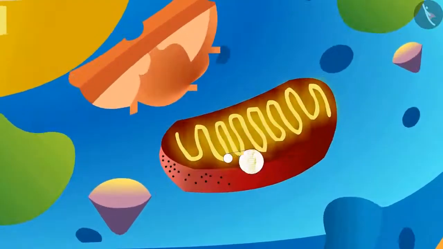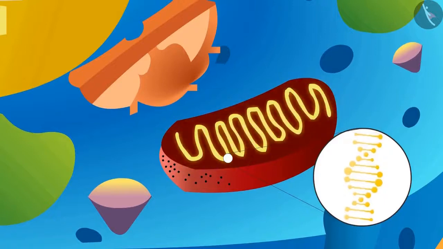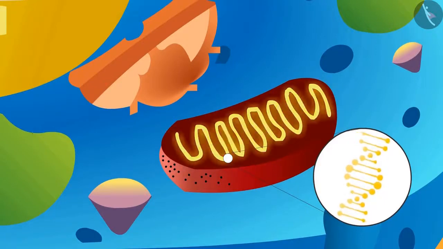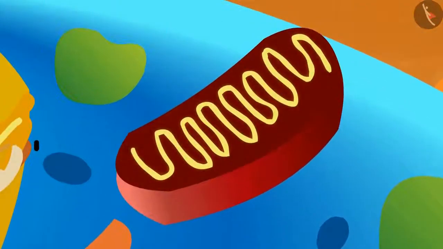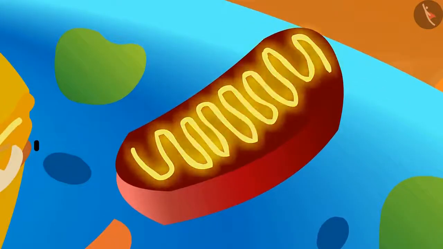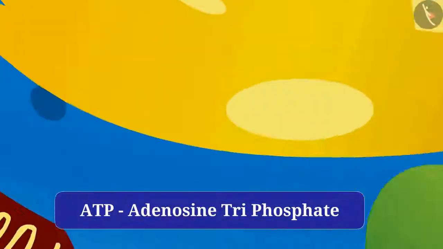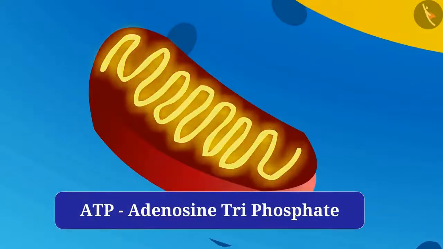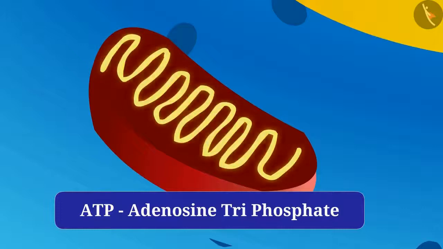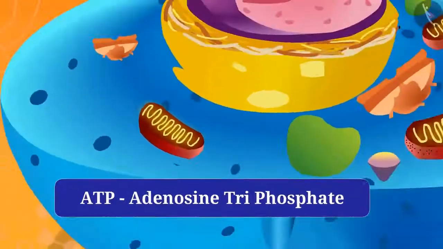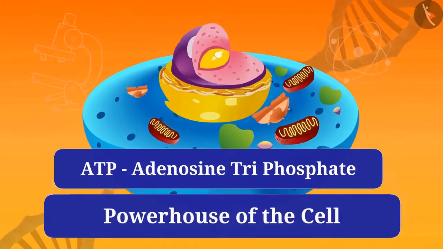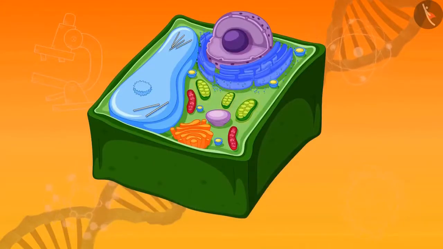The mitochondria have their own DNA and ribosomes that can make proteins and energy in the inner membranes. Mitochondria provides energy in the form of ATP, that is, adenosine triphosphate, to the cell to perform the necessary chemical reactions. For this reason, it is also called the powerhouse of the cell. So guys, you saw that mitochondria make energy for the cell.